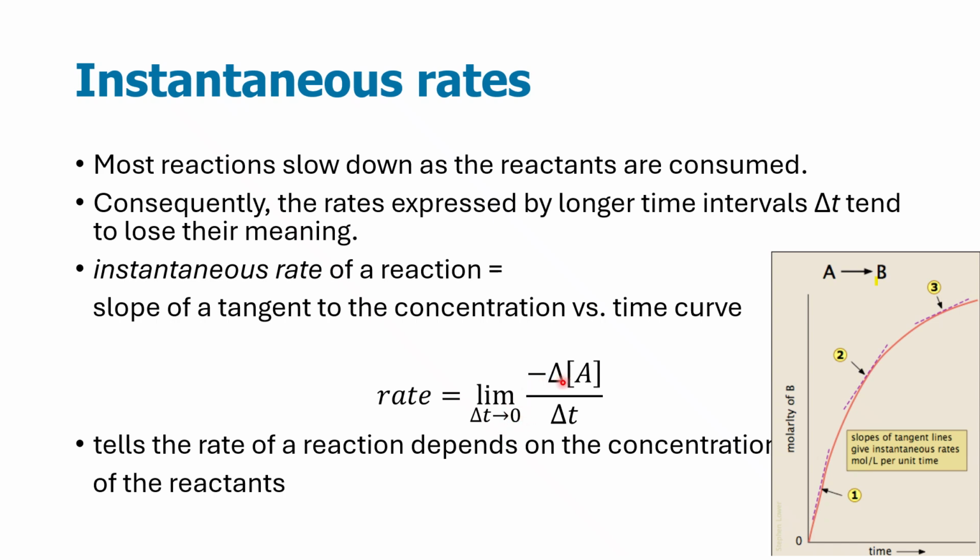So it equals the change of the concentration over the change of time. The negative sign shows the decreasing amount of the reactant. So this tells us the rate of reaction depends on the concentration of the reactant.